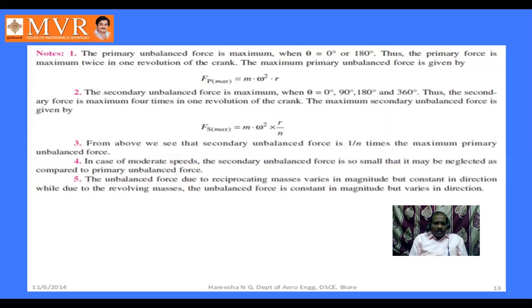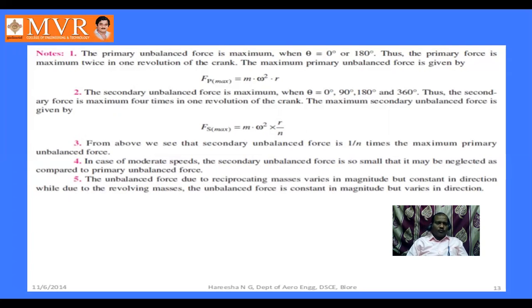So for reciprocating mass, it is constant in direction but varies in magnitude. But in revolving masses, it varies in direction but is constant in magnitude.